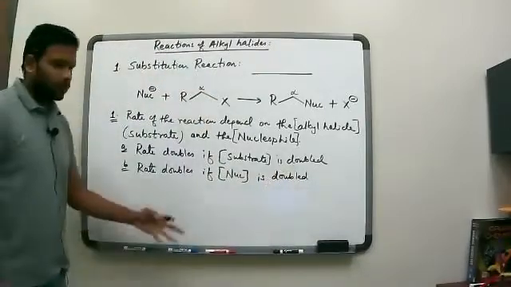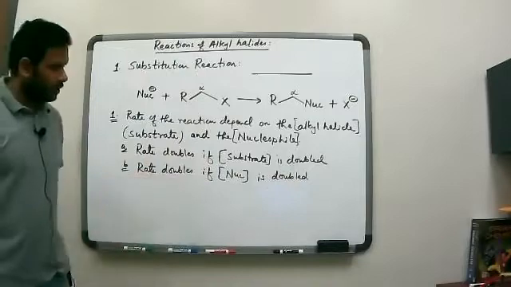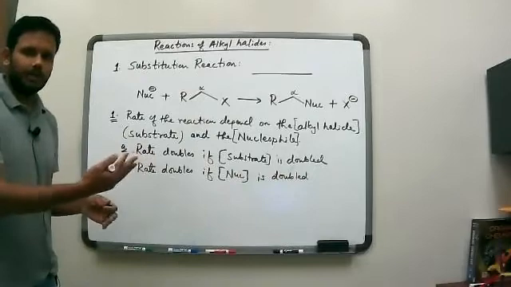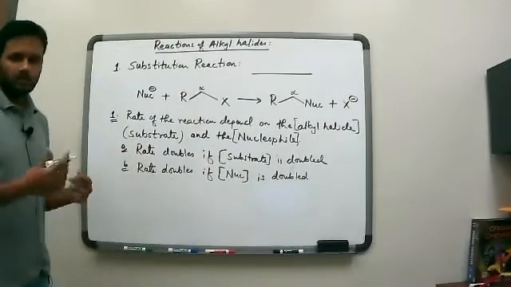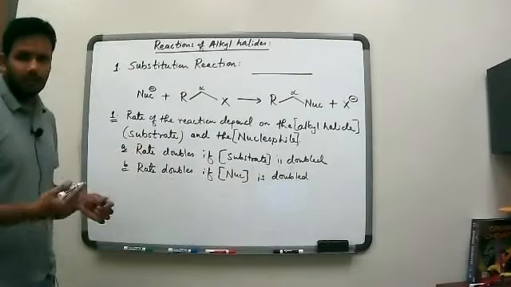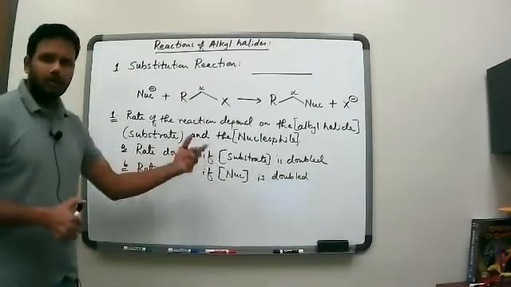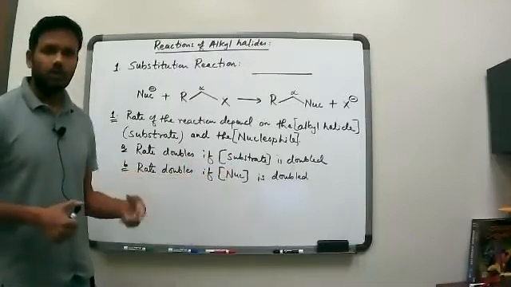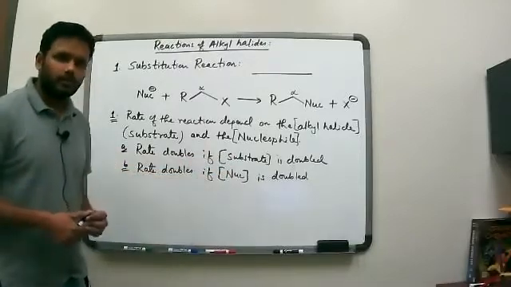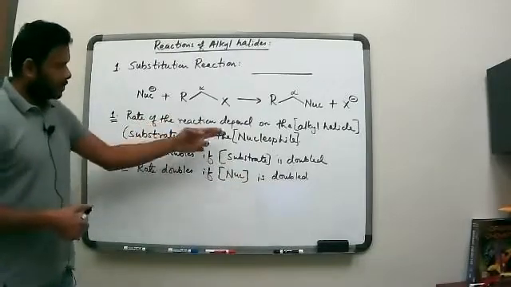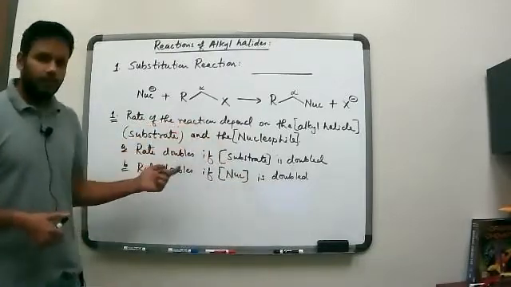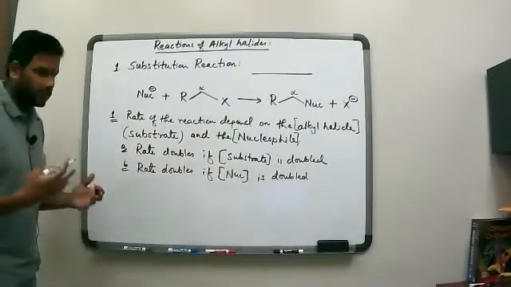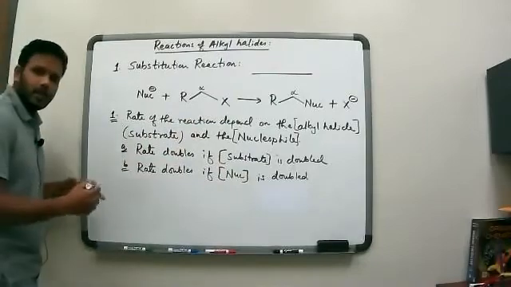So the rate increases proportionately. If you double one of them, the rate doubles. If you double the other one, the rate doubles. If you double both, then the rate is going to quadruple. So the rate depends on the concentration of both. That gives us some idea about what the rate law might be.